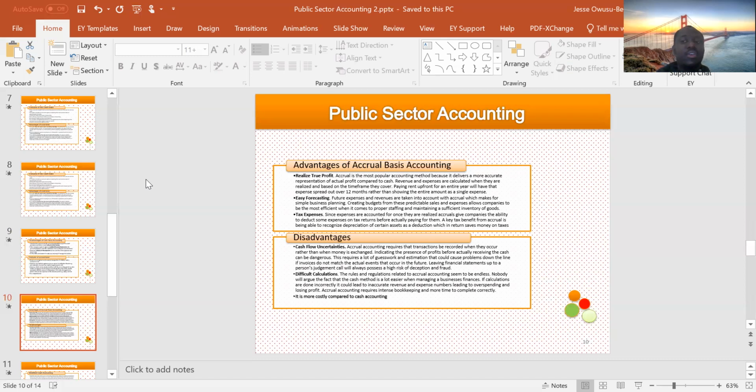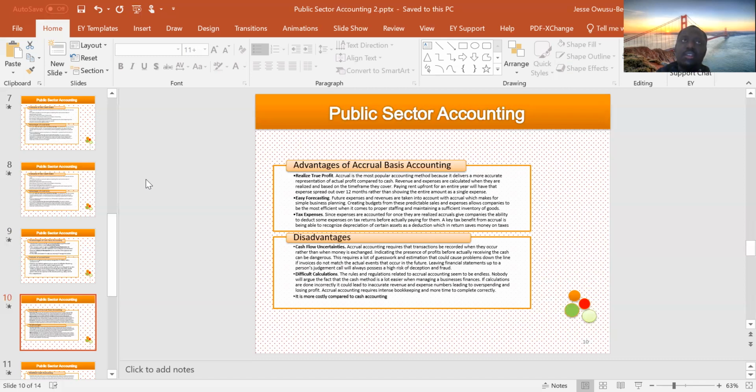Then it's quite difficult in terms of calculations because you would have to keep track of your transactions and your cash receipts or payments. You have to make sure that is constantly in check.